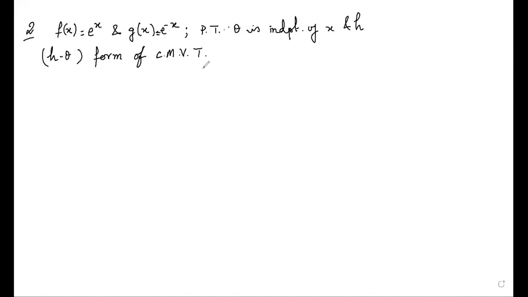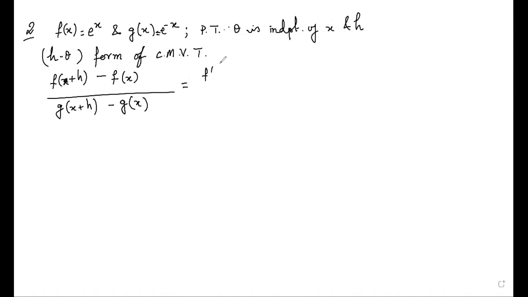So according to the h theta form, what will I write? f(x plus h) minus f(x), divided by g(x plus h) minus g(x), is equal to f dash of (x plus theta h), divided by g dash of (x plus theta h). So this is the form that we are going to utilize to get the value of theta.